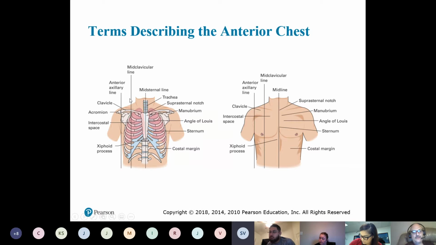So there's that midclavicular line I was telling you about, the anterior axillary, and where that's important is if you work with an advanced EMT or a paramedic, there might be occasion to do a 12 lead. If you ride out with me on an ambulance and we get a call for chest pain, you are going to help me out with a 12 lead.